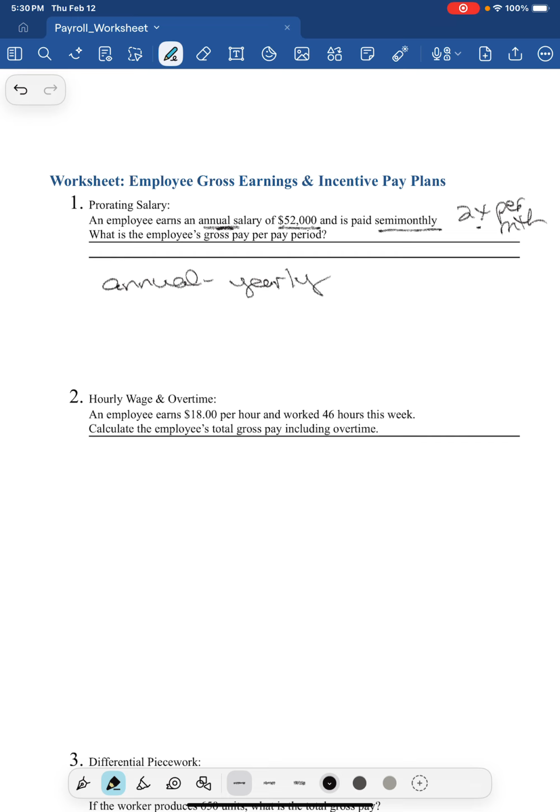Now, if you look at your module, which you can probably figure this out, but your module actually tells you that semi-monthly pay means you get 24 paychecks per year. I know y'all are used to my terrible handwriting by now, but you get 24 paychecks per year. So this is very simple. If you have $52,000 in gross pay, we're just worried about gross pay right now. You're not having to worry about what would actually be on the paycheck that you would see.